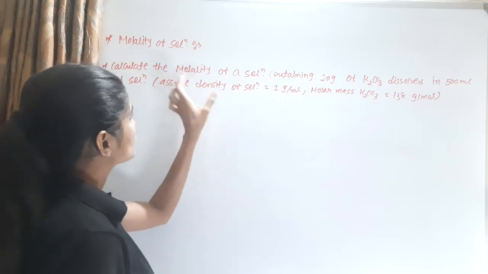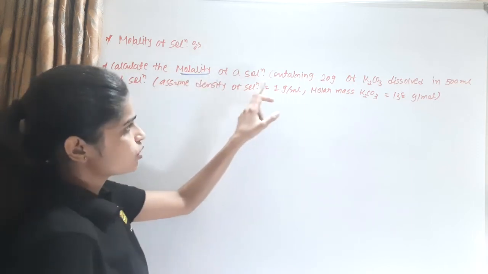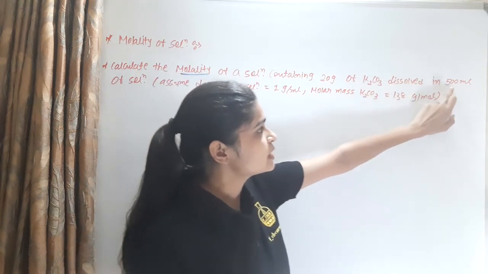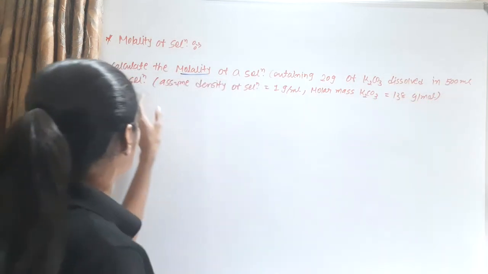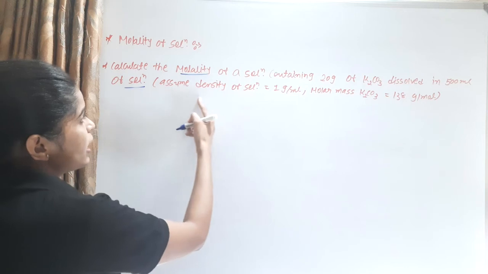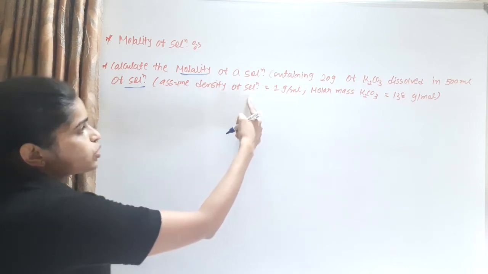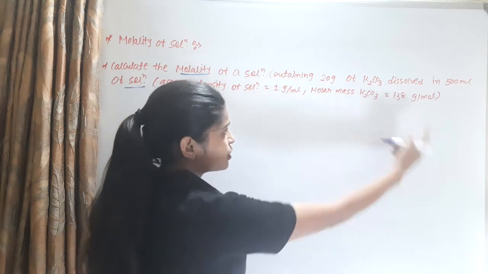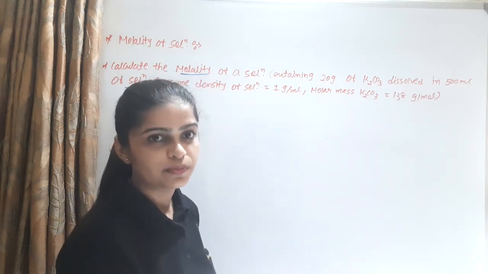Next, calculate the molality of a solution containing 20 gram of K2CO3 dissolved in 500 ml of solution. Assume the density of solution is 1 gram per ml and the molar mass of K2CO3 is 138 gram per mole.